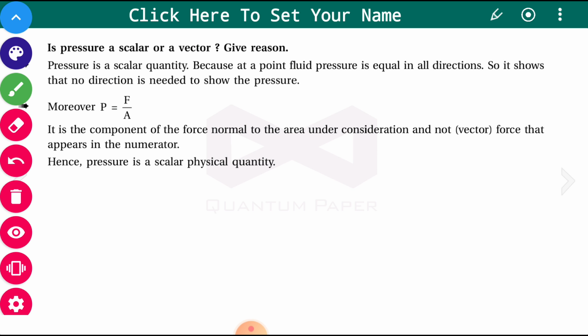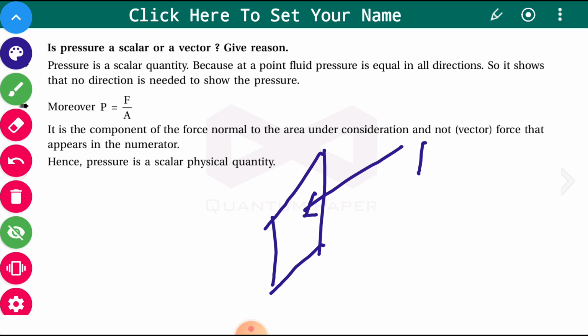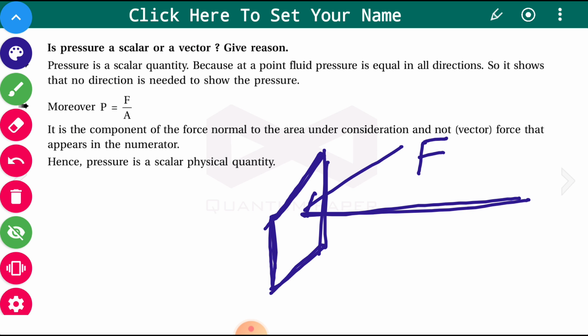Now this is very important: when you want to find the pressure, say for example force is acting in a particular direction on this surface, you have to take the component of the force which is perpendicular to the surface. It is not the force itself, so the direction of this force is not considered.